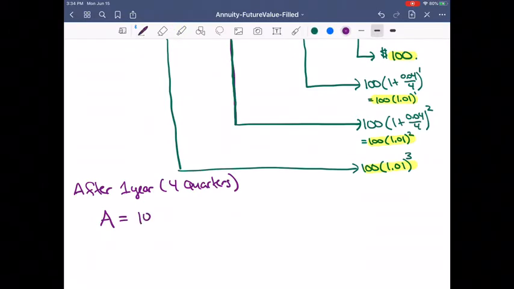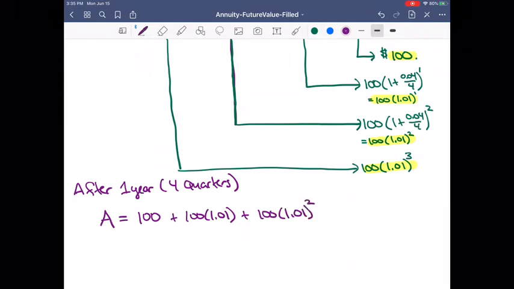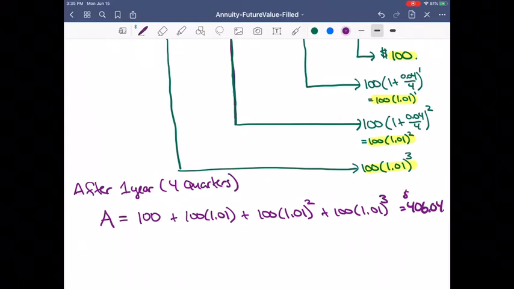So we made $100 on the last one, 100 times 1.01 on the third one, 100 times 1.01 squared on the second one, and 100 times 1.01 cubed on the first one that we did. It was in there the longest. So we could just add all these up. You would get $406.04.